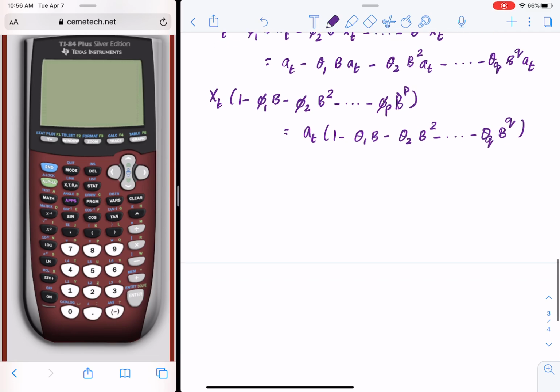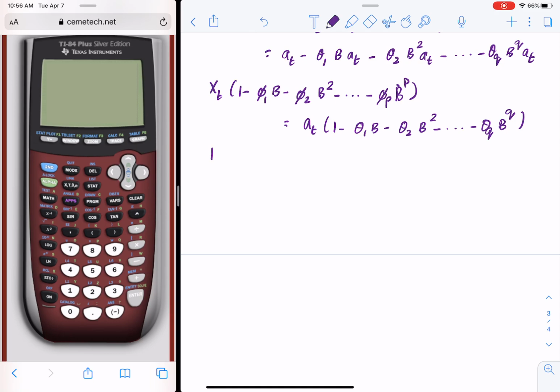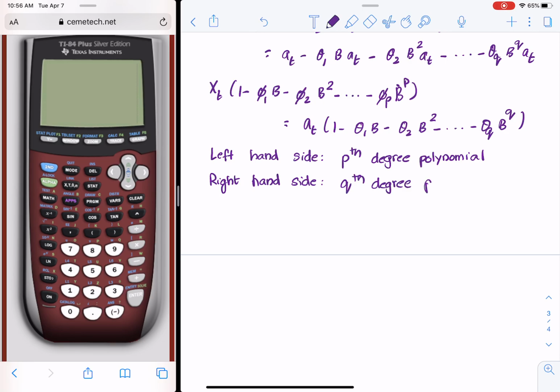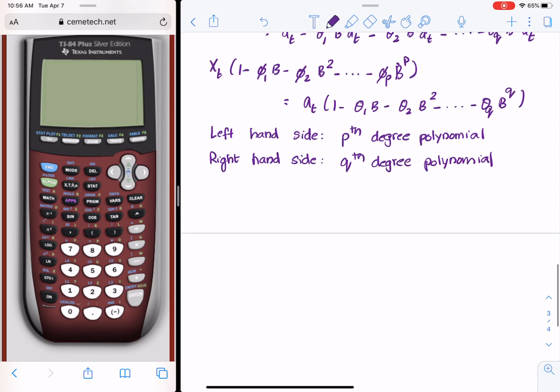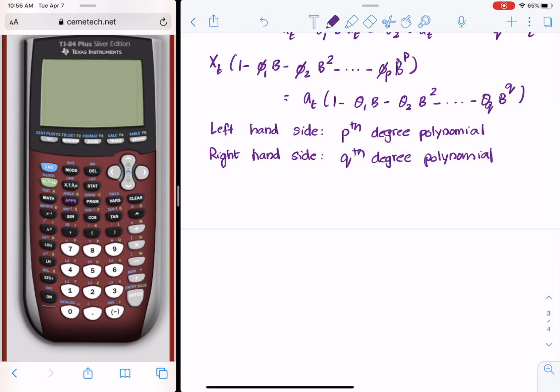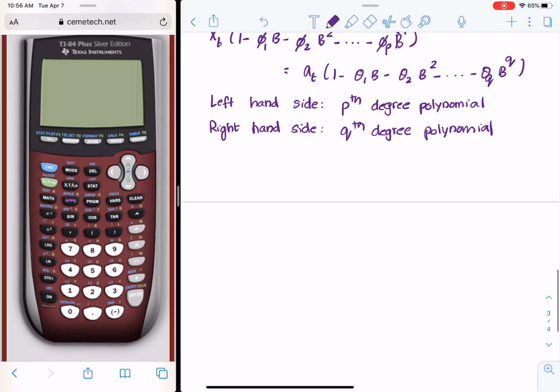So on the left hand side we have a pth degree polynomial. The right hand side, we have a qth degree polynomial. And those two would be the characteristic polynomials for the AR part and MA part of the model.